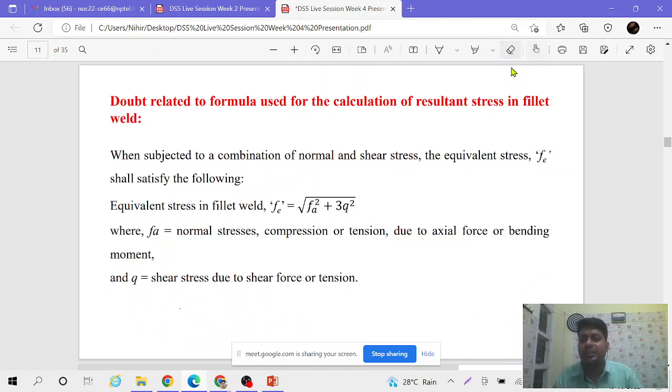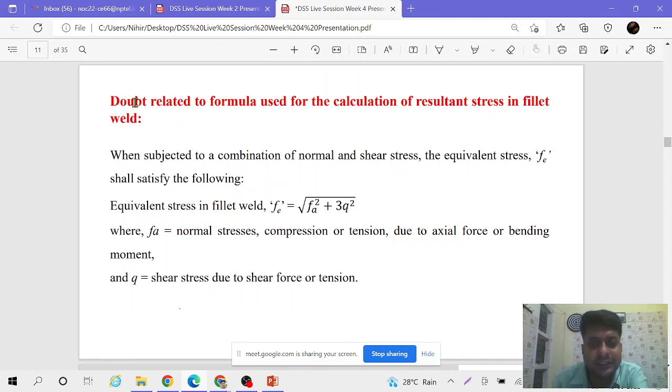Now coming to the another doubt. Yes, please. Sir, for the butt welds, this combination of stress is Fe equals Fa square plus 3Q square. Okay, yes, I will come to that problem. I think you have mentioned that doubt.